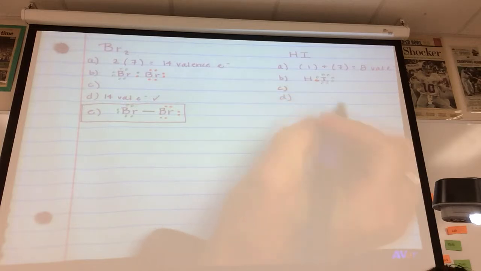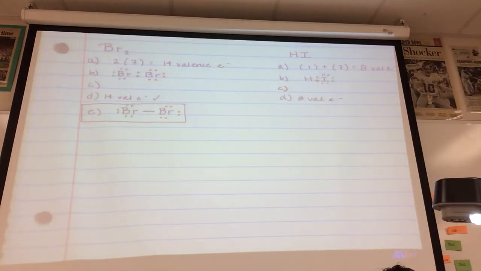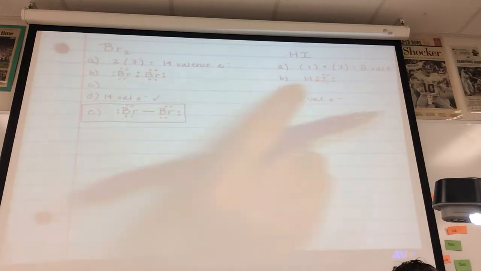And in step D, I'm going to do an electron count. 2, 4, 6, 8. That's a good sign. Note the octet of electrons around iodine. Hydrogen only forms a duet, so it will only have 2.